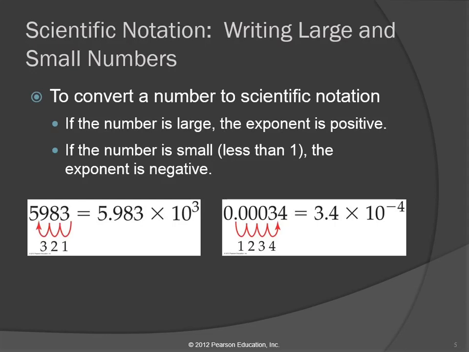If you have your calculator, you can prove that to yourself. So 10 to the third is 1,000, right? So this would be 5.983 times 1 with 3 zeros. That's what 10 to the third is. So if you do that on your calculator, you're going to end up with that original number, 5,983.